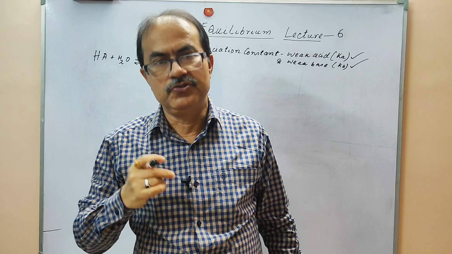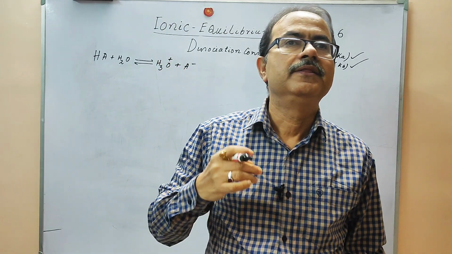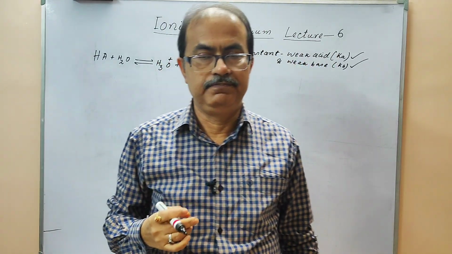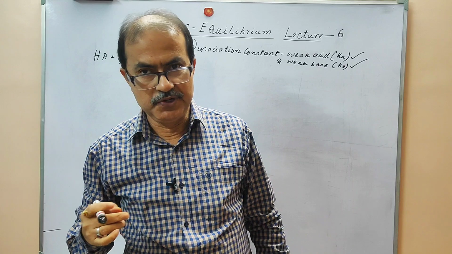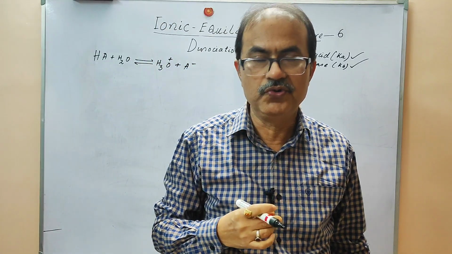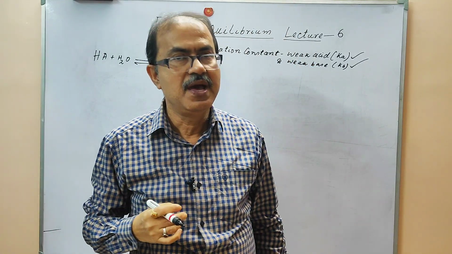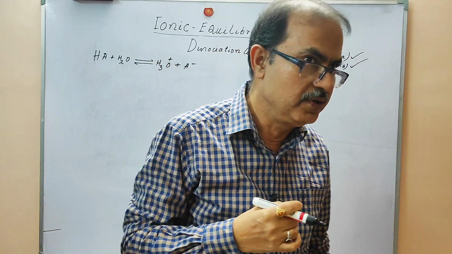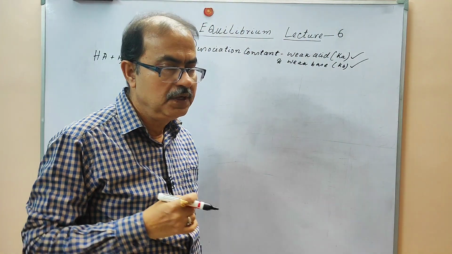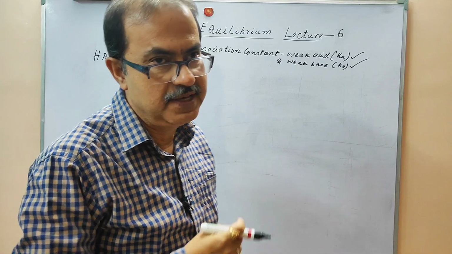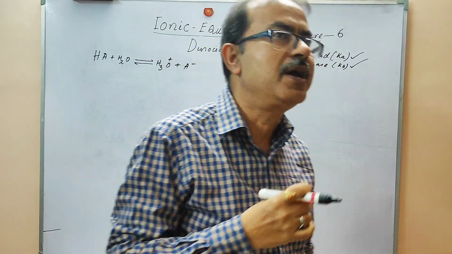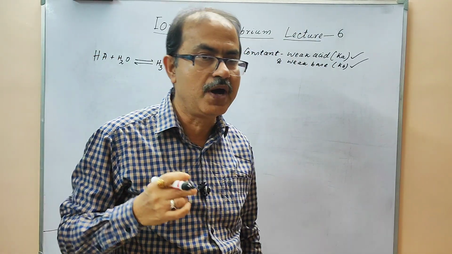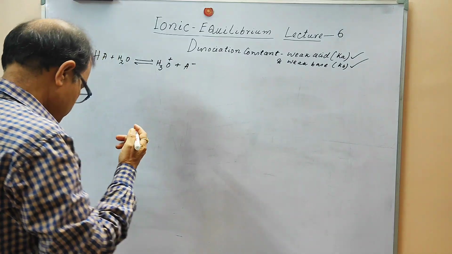Partly it will be dissociated, and an equilibrium is achieved between the unionized molecules and the ions, and we will be able to establish an equilibrium constant, that is the dissociation constant or ionization constant.